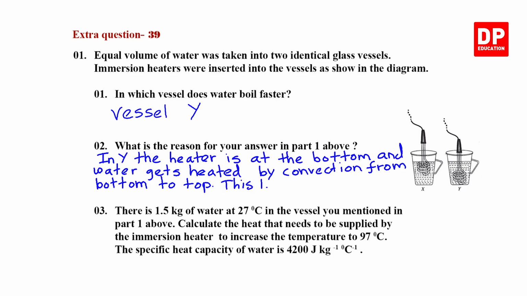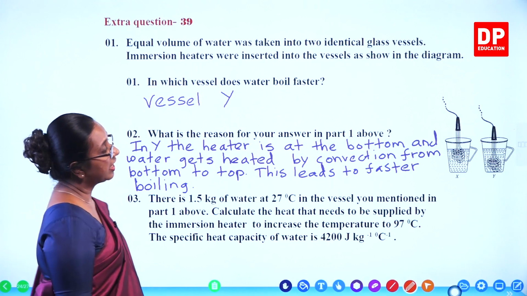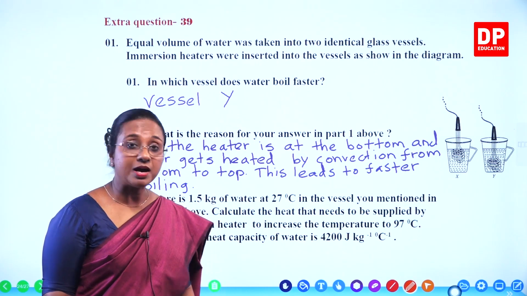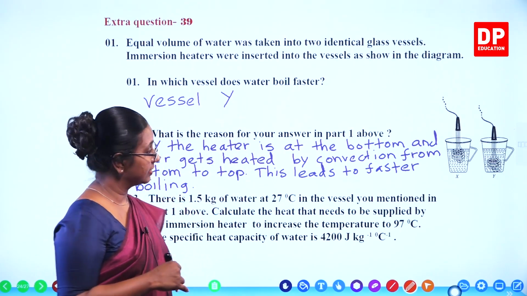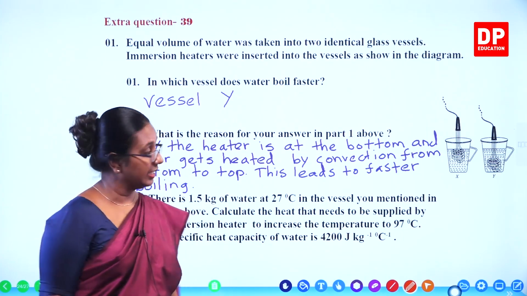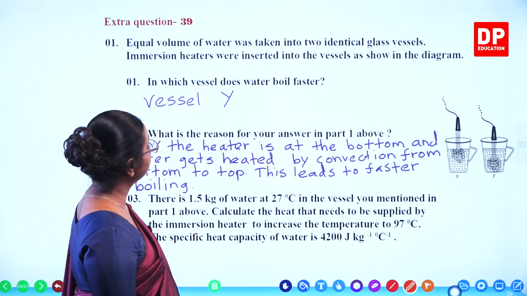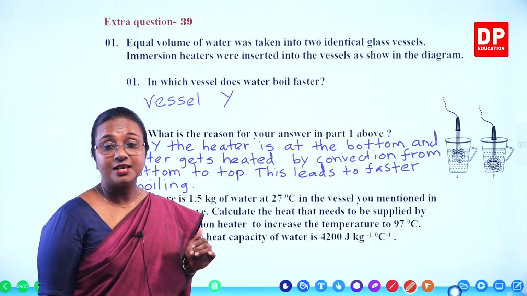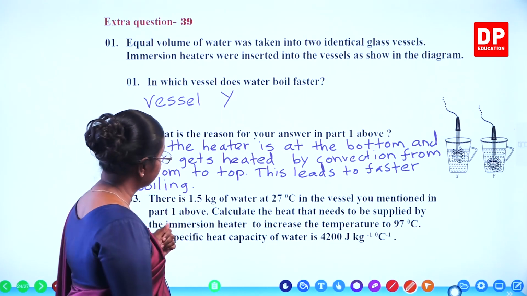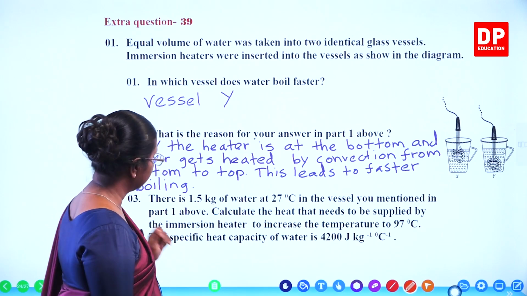This leads to faster boiling. But you can see in X, the heater is partially immersed, or it is immersed to only the middle of the vessel. So that leads to slower boiling. So here, what is the reason for your answer in part 1? This is the reason. From bottom to top, the water becomes hot very fast. So that is what we need to write here.